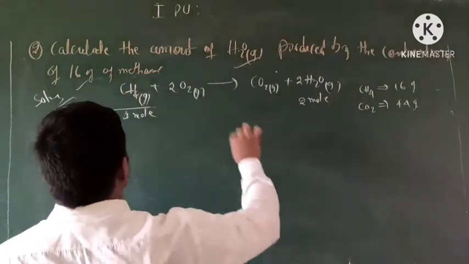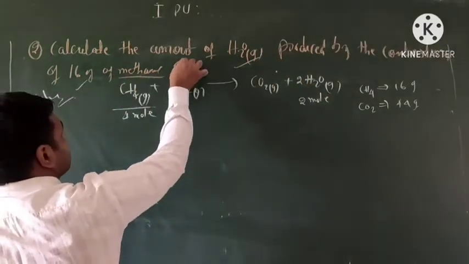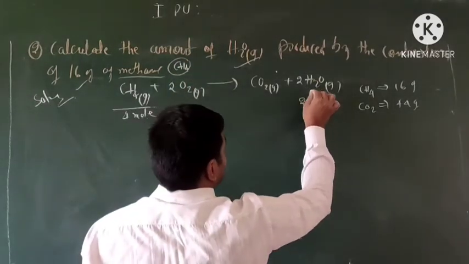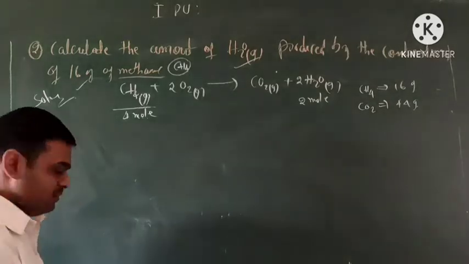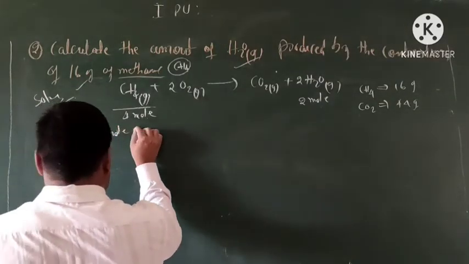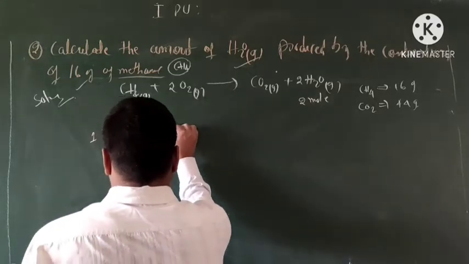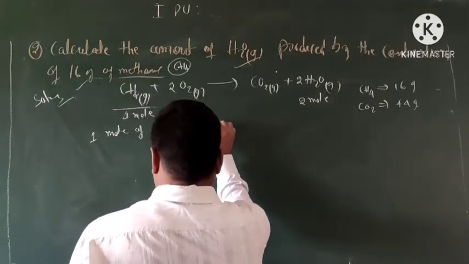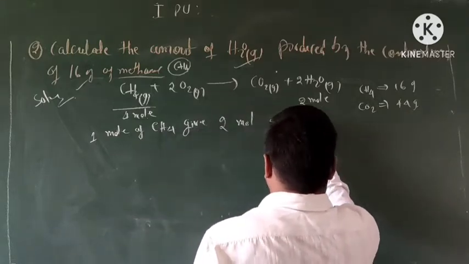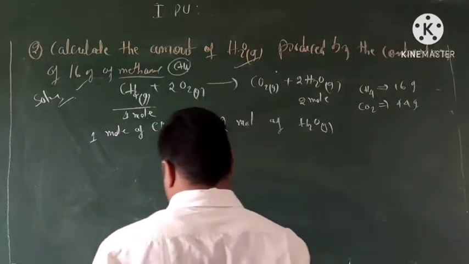So methane 1 mole gives 2 moles of water. Okay students, now 1 mole of methane gives 2 moles of water.